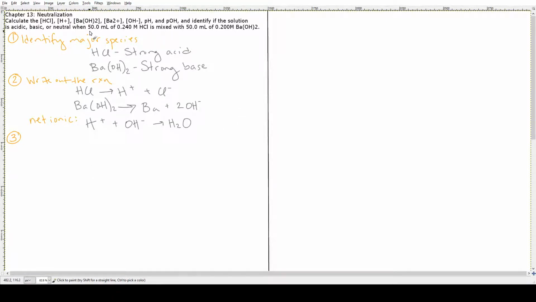Well, we are mixing 50 milliliters of one thing at one concentration with 50 milliliters of another thing at a different concentration. So yes, do the dilution. We know our dilution equation.